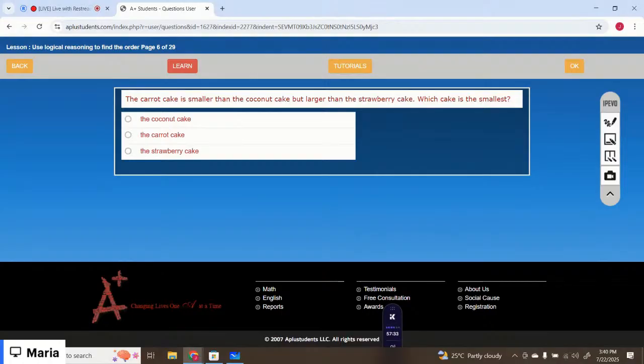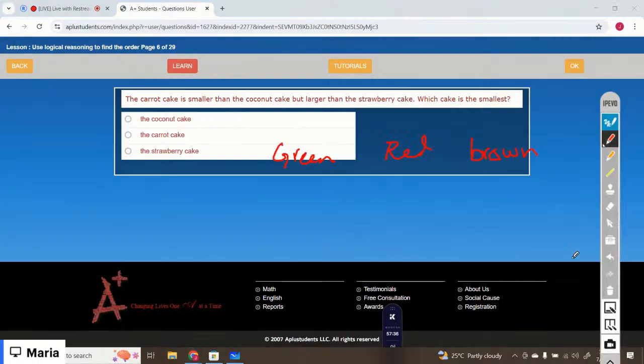The carrot cake is smaller than the coconut cake. So the carrot cake is larger than the strawberry cake. Which cake is the smallest?